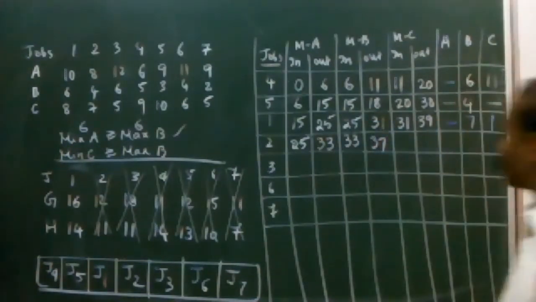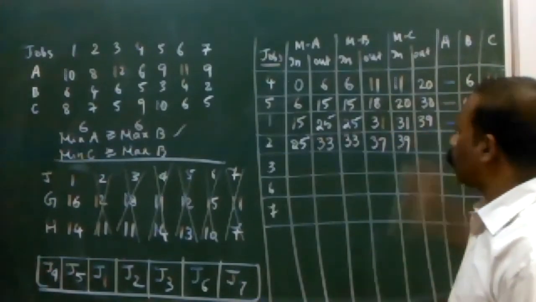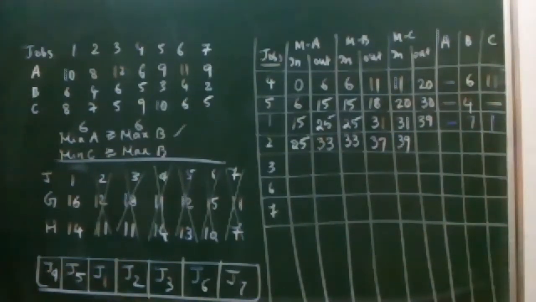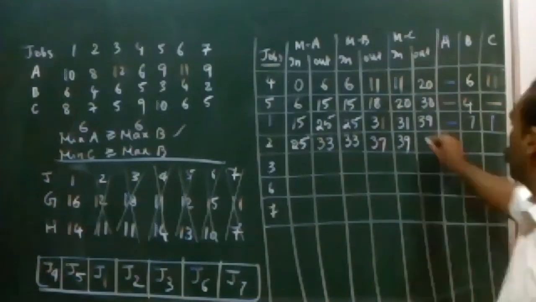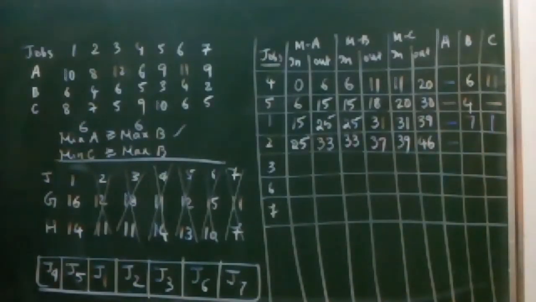Here, what time am I supposed to start? 39. Good. And what time does it complete? 46. Look at it properly. 47, sorry, it is 46. So there is no idle time here, and here the idle time happens to be 2. And here the idle time is 0.